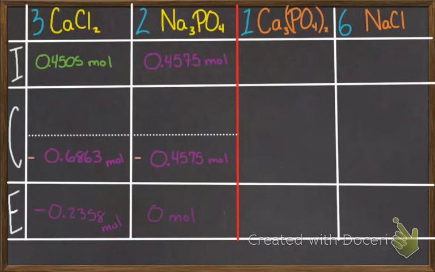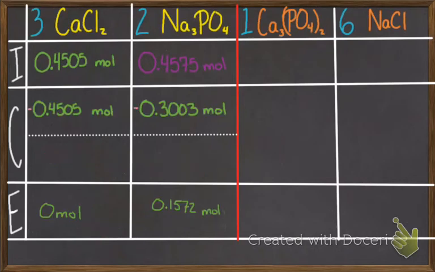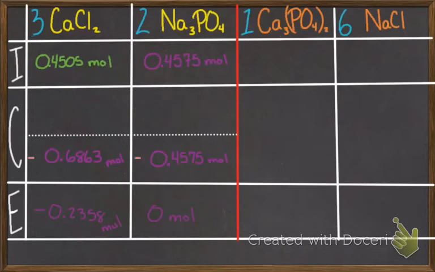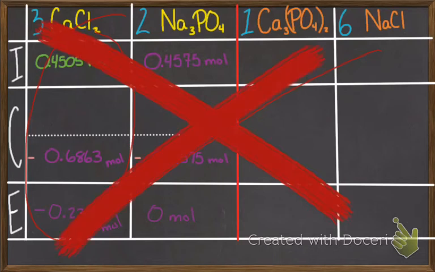So between these two, we're looking for which one does not give us negative numbers. This sodium phosphate line gave us negative numbers. Since this one gave us negative numbers, it does not work. We cannot use this information, so we need to go back and use the other one.